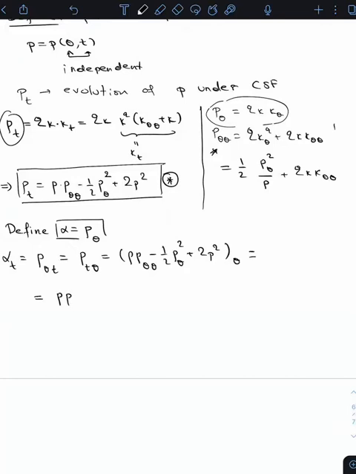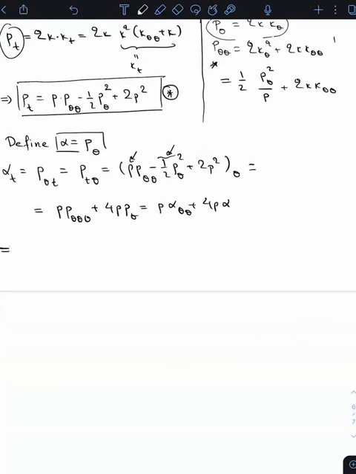Now this gives me P_theta_theta_theta plus 4 P_theta. And that's it, because when the derivative hits this term here, and when it hits this whole term, the two terms cancel. Okay, and I can rewrite this as P alpha_theta_theta plus 4 P alpha. So putting everything together, this gives me the evolution of alpha as P times alpha_theta_theta plus 4 alpha. And I'm gonna name this double star.